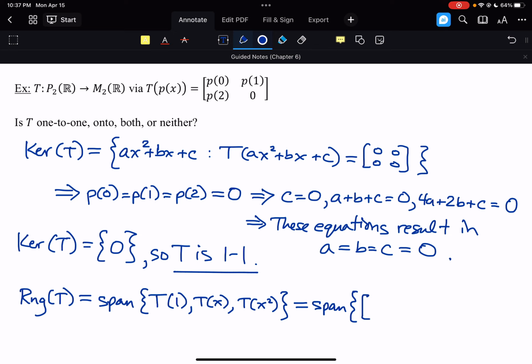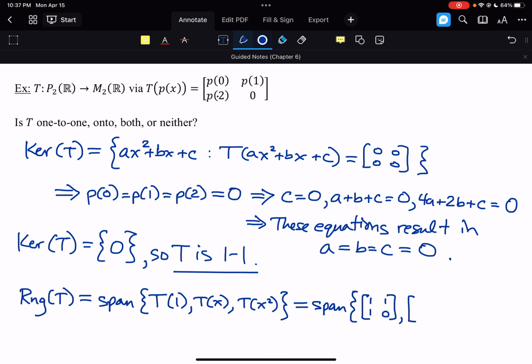If we perform the transformations, if the polynomial is 1, p of 0 is still 1, p of 1 is still 1, p of 2 is still 1. So we get 1, 1, 1, 0. When it's T of x, we're transforming the function x through here. Plug in 0, 0.